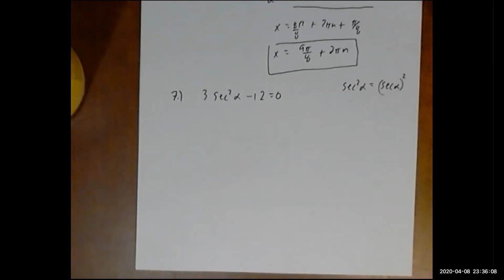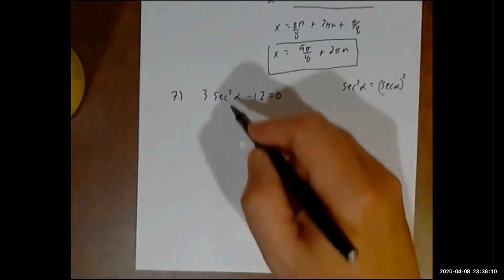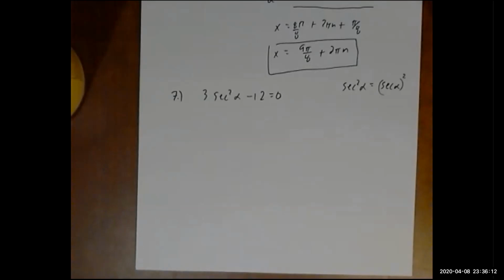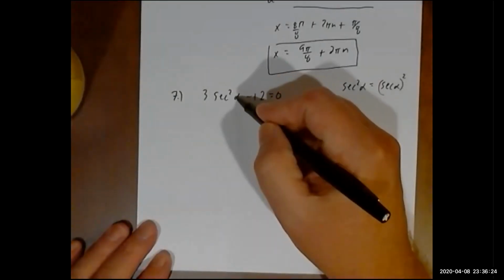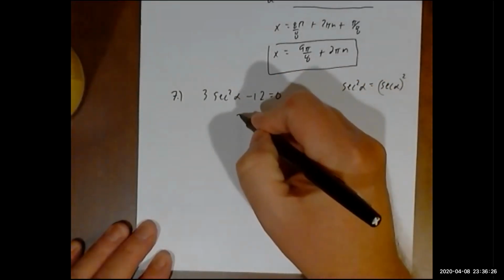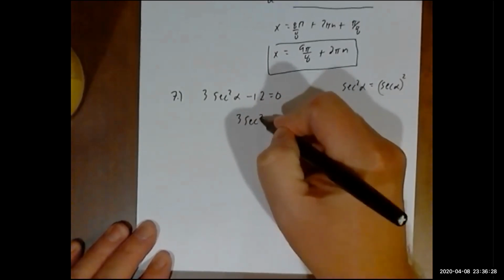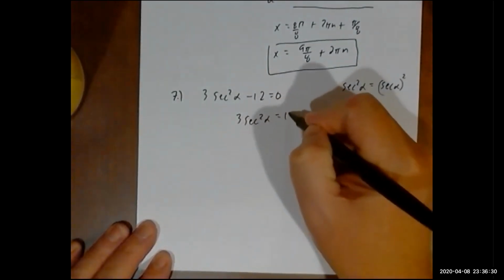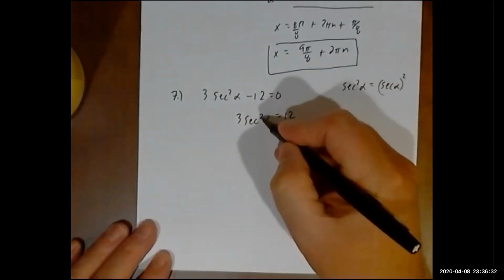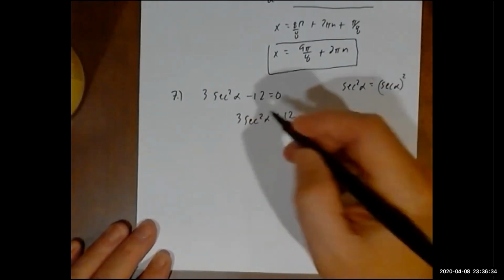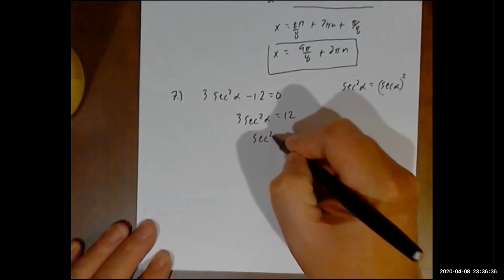So what I'm going to do is a two-step process. I'm going to solve for the secant of alpha. Then I'm going to switch it to cosine. And then finally try and solve for alpha. So let's get the secant squared by itself. Add 12 to both sides. If I want to get the secant squared by itself, divide both sides by 3.